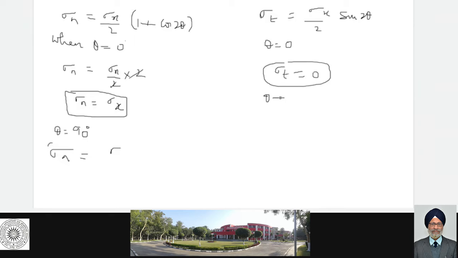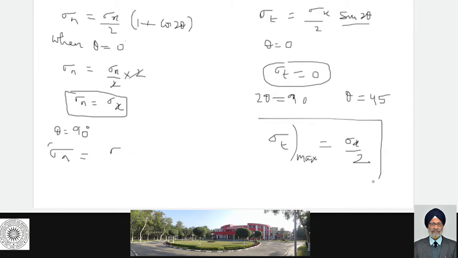When theta is 45, 2 theta is 90, so that means theta is 45. So sin 90 is 1, isn't it? This will be the maximum value, tau max, equal to sigma x upon 2. So this will be at theta equal to 45. So I think this is clear to you.